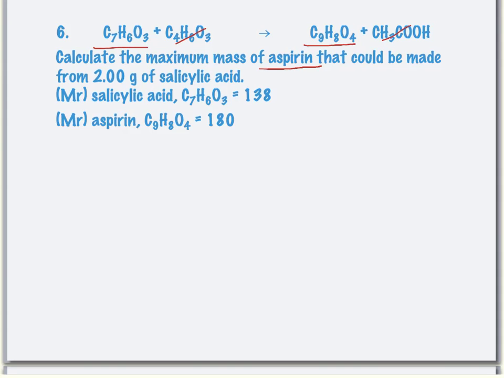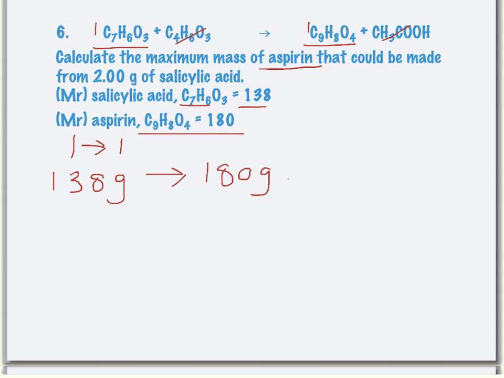So what we can see is that 1 mole of salicylic acid will make 1 mole of aspirin. So it's 1 mole makes 1 mole. 1 mole of the salicylic acid will be 138 grams. So 138 grams would give us 1 mole of aspirin, which is 180 grams.